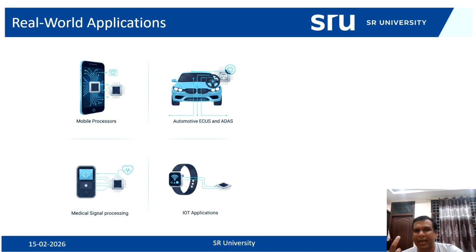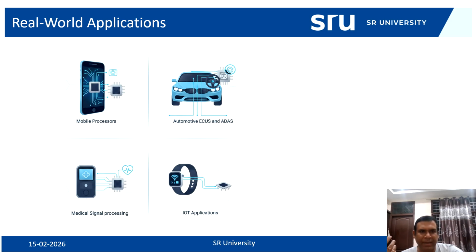For example, the Snapdragon processor, which most of the mobile smartphones we are using now have. So each and every smartphone has that kind of tiny processor, which is an application specific processor, and the integrated circuit is also named as application specific integrated circuit, which is frequently used in such smartphones.